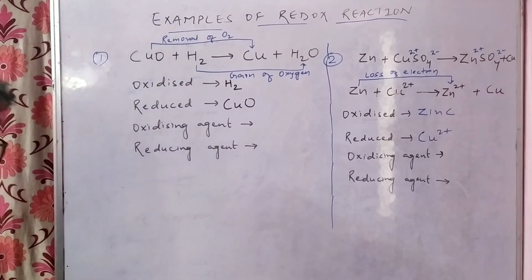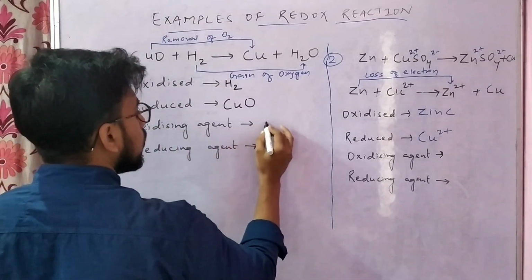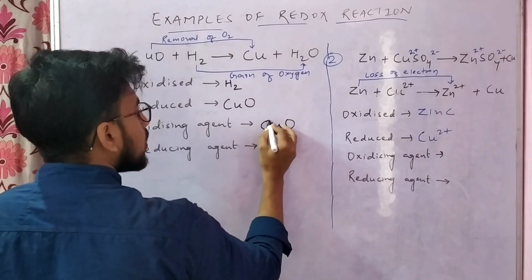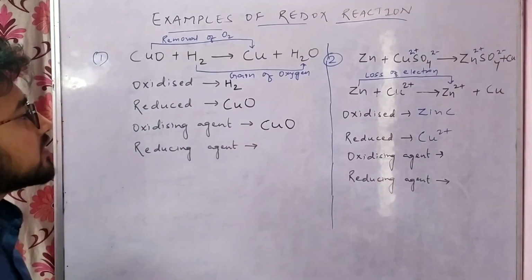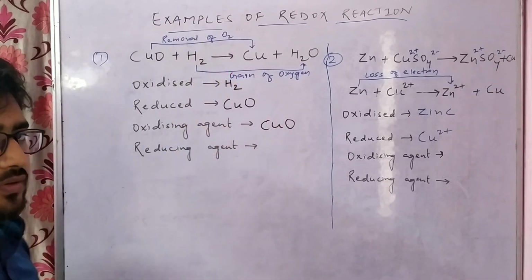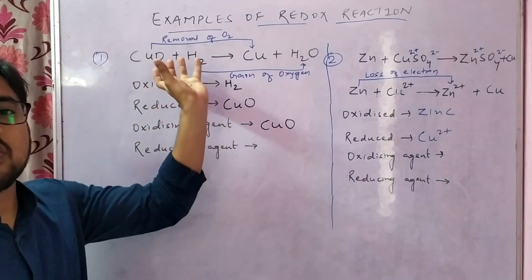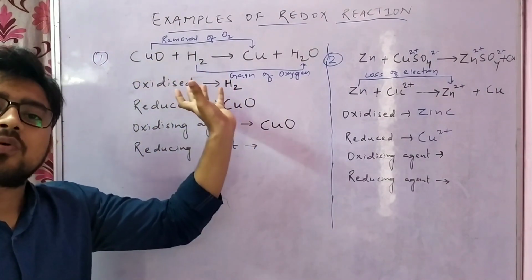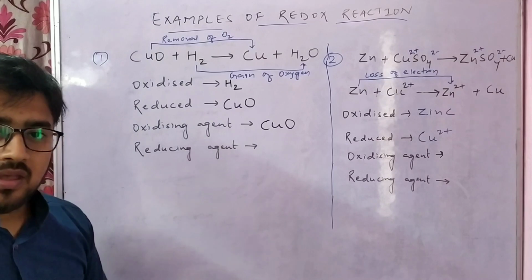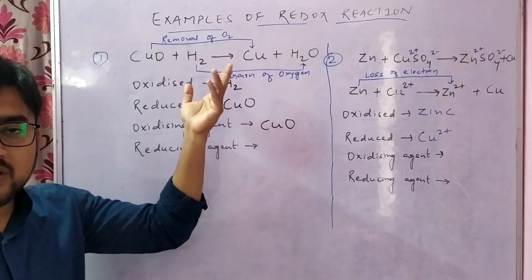So what we can write here? Which one is oxidizing agent? CuO. CuO is oxidizing agent. And which one is reducing agent? So hydrogen is the reducing agent. Why is it the reducing agent? Because it is taking oxygen from copper oxide and helping copper oxide in the reduction. अगर हाइड्रोजन नहीं होता तो कॉपर ऑक्साइड अपना ऑक्सीजन किसे देता और वो रिड्यूस नहीं हो पाता.